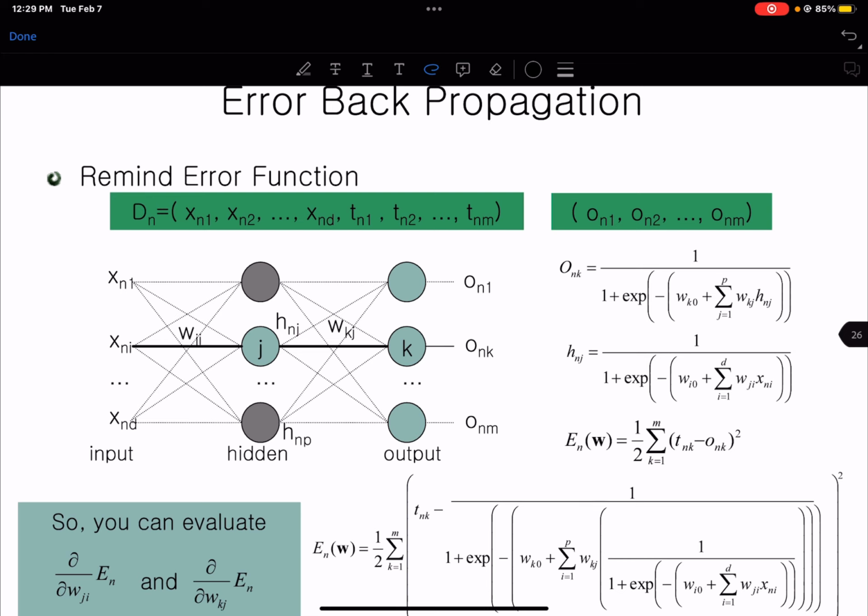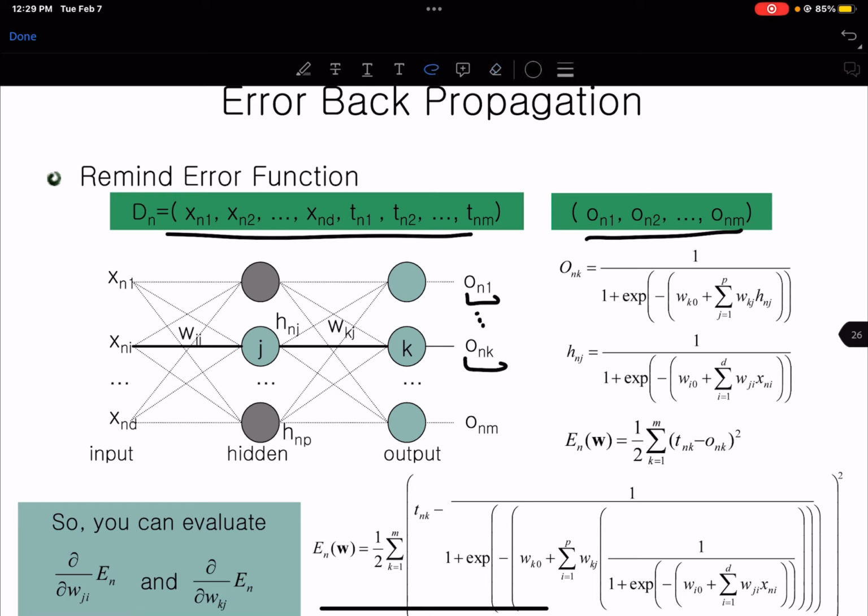So we have defined the error function for a given input data sample and your output. We can write the first output as O_N1, and some output O_NK, and the total number of outputs is M, so we can write the last one as O_NM.